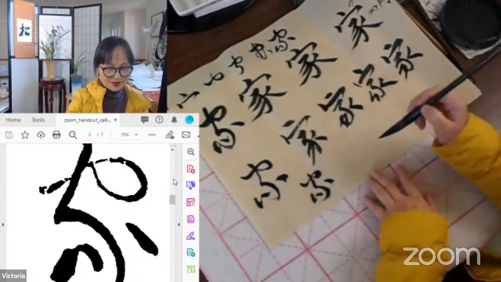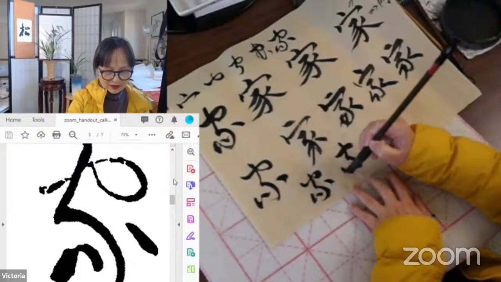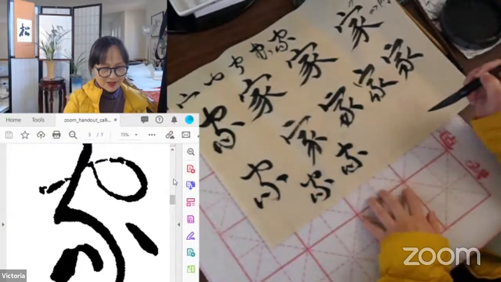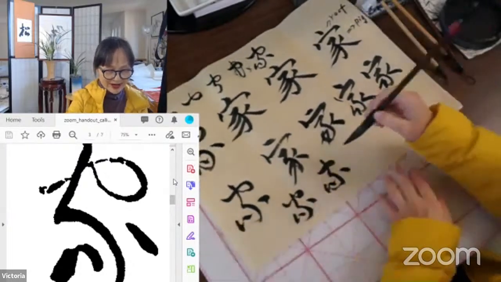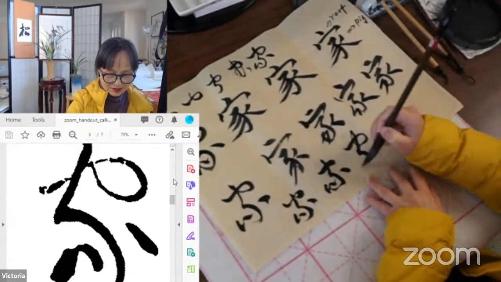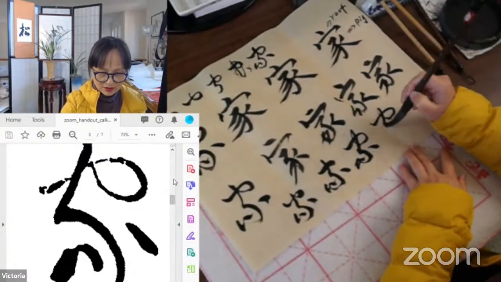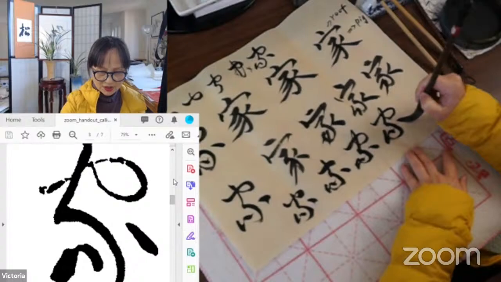Sometimes the first few you notice here and you omit there, and after a while you'll get used to it and become very fluent.